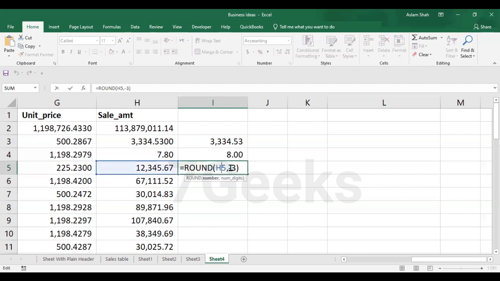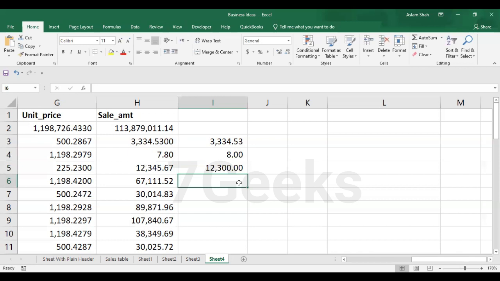This negative sign has reduced the values on the left side of the decimal. If we write 2 here, only 4 and 5 would be removed. So it removed only 4 and 5 and converted them to 0, 0.